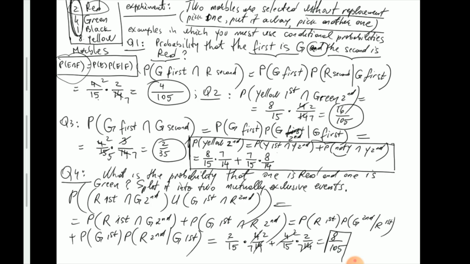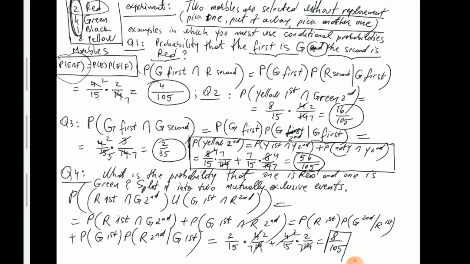So that's going to be, let's simplify again by 2, 4 times 7, 4 times 7. That's 28 plus 28, which makes it 56, divided by 105 again.